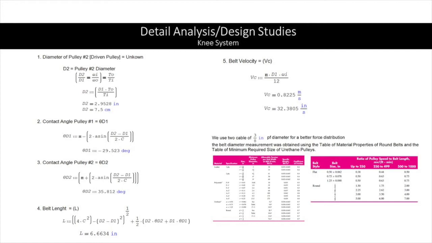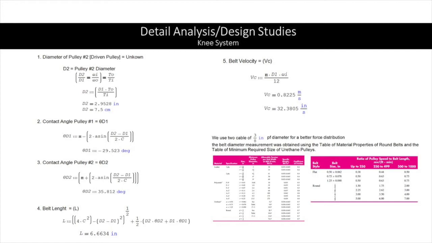In our detailed analysis or design study, we want to find our unknowns. The first unknown is the diameter of the pulley 2. To find the diameter of pulley 2, we use the equation: diameter of pulley 2 divided by diameter of pulley 1 equals the angular velocity of the inlet divided by the angular velocity of the outlet, which is equal to torque outlet divided by torque inlet.